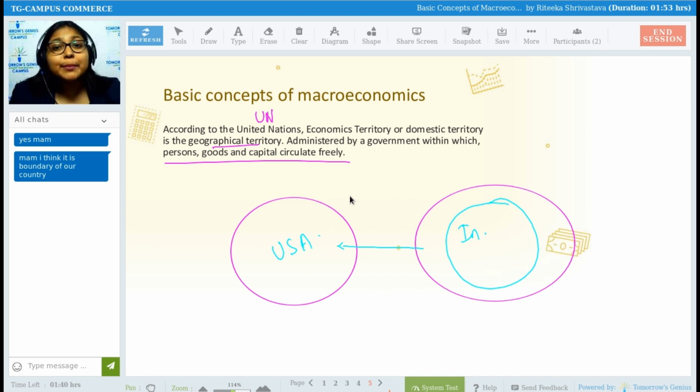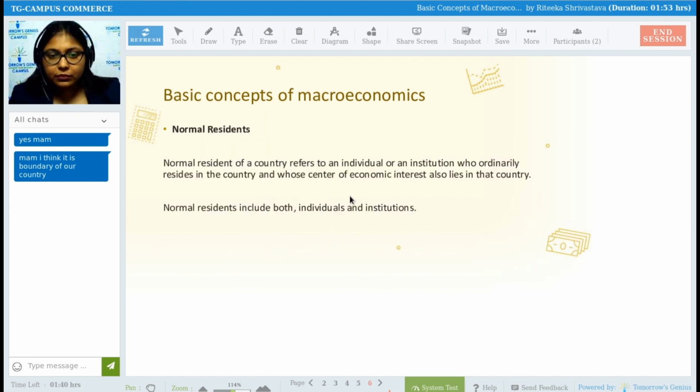So now you can see that with multiple names they have identified this term: domestic territory, economic territory, political frontier, geographic territory, four different names. While we study, you can come across any of these four words, so you should know that these are alternate terms for domestic territory.